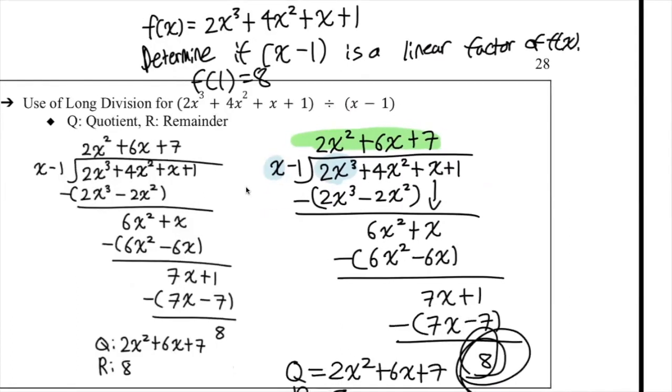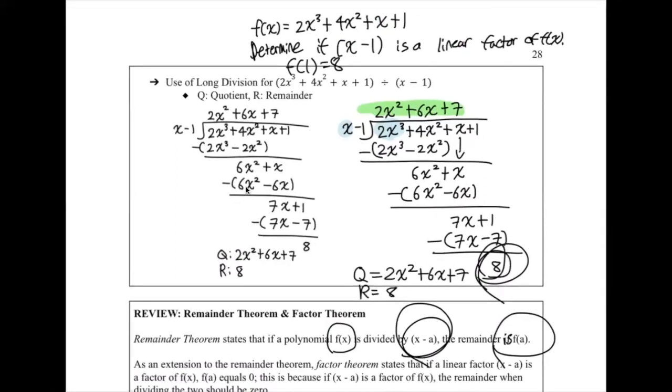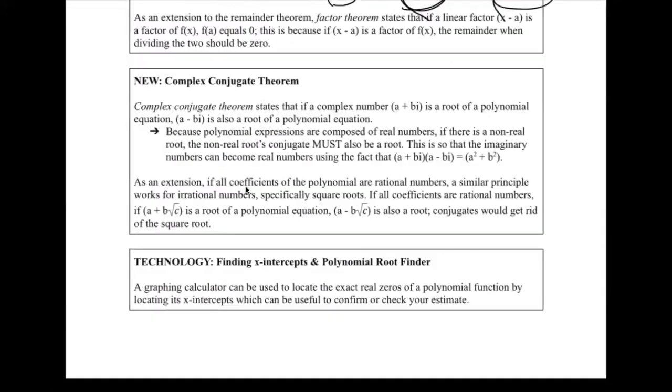And this shows that, according to the factor theorem, x minus 1 is not a linear factor, because if x minus 1 were a linear factor, f of 1 should equal 0 by definition of the factor theorem. So the factor theorem is an easy and the best way of finding if a linear factor is actually a factor of the polynomial that is given. That's a really simple way of dealing with the remainder theorem as well as the factor theorem.